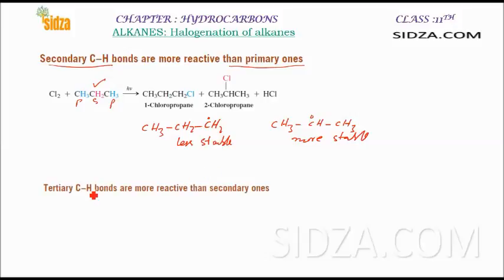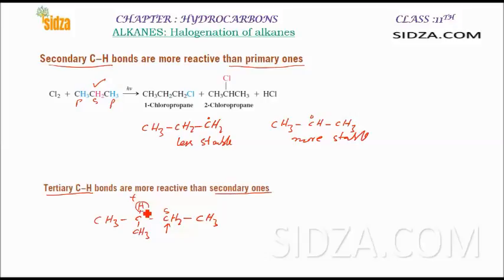Similarly, tertiary hydrogen atoms will be more reactive than the secondary ones, again because the tertiary free radical is more stable than the secondary. So if you get a molecule like this, suppose we got CH3 here, then CH2, and this is the CH3. We see this hydrogen is a tertiary one, and this hydrogen from this carbon is the secondary one.